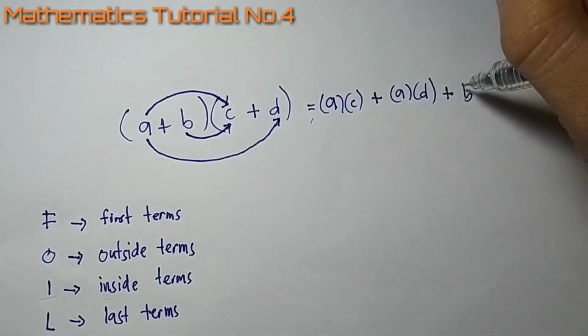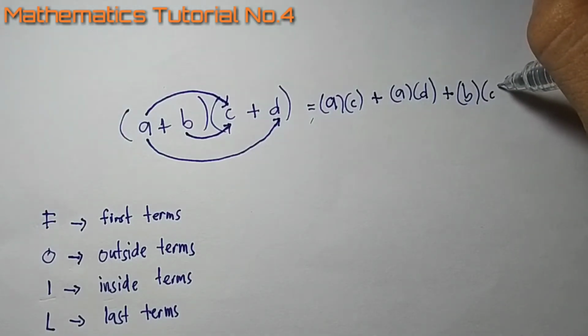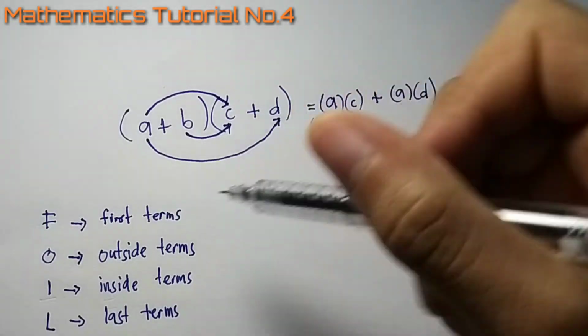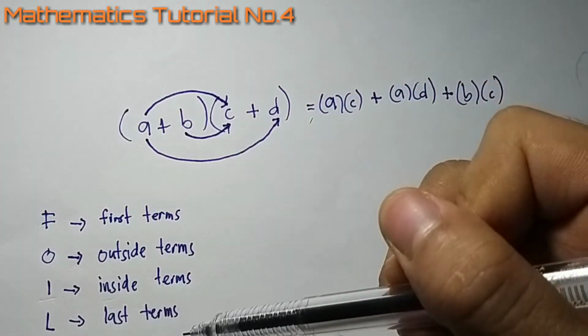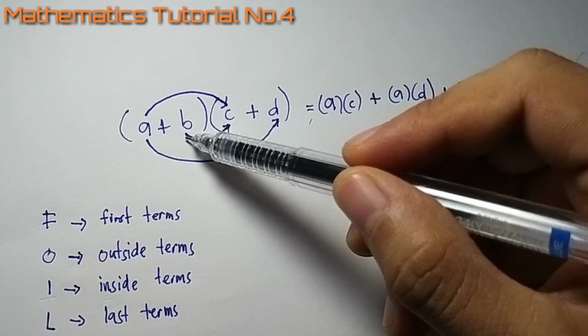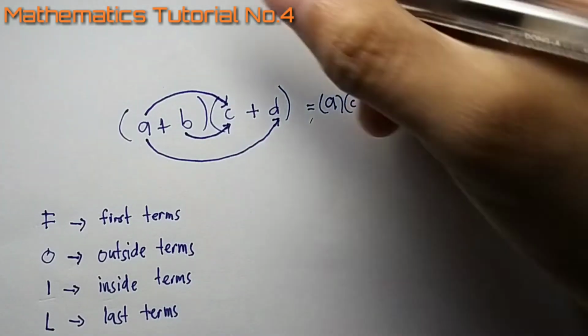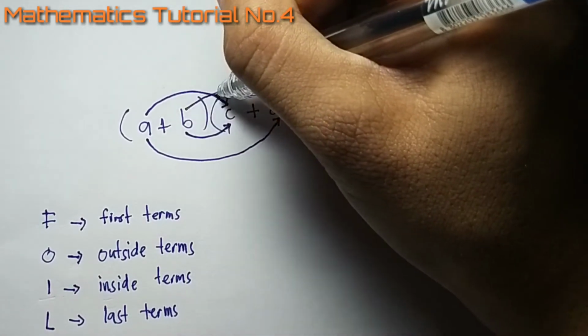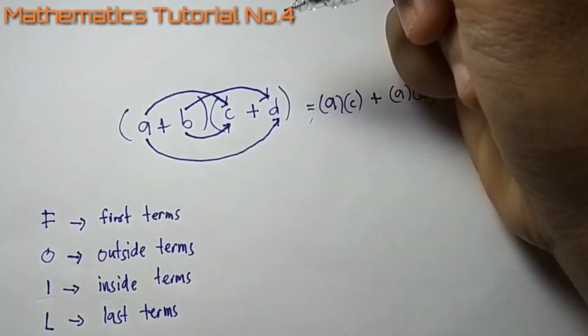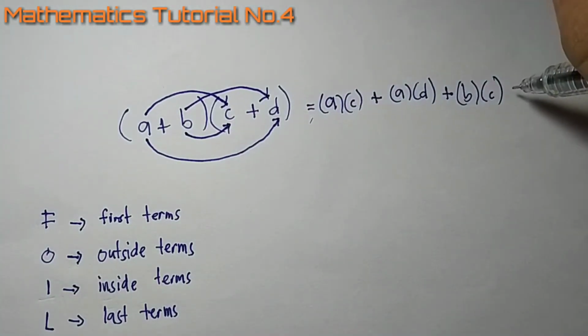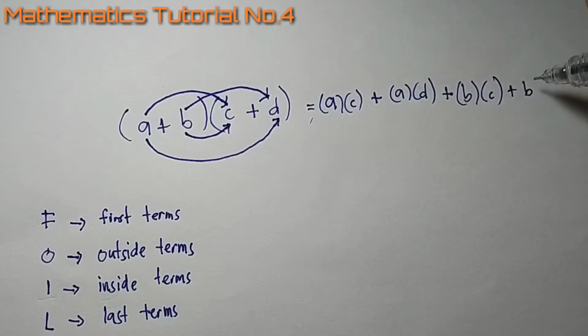So B times C. Sunod, diri na dayon ta sa last terms. Di ba ang last term nato ani nga binomial is B. Ang last term pud diri sa pikas nga binomial is D. So that is B times D.